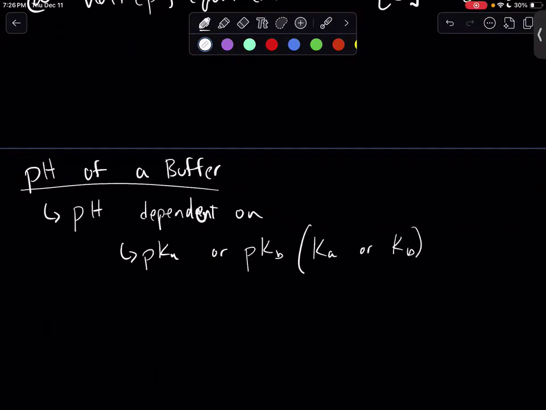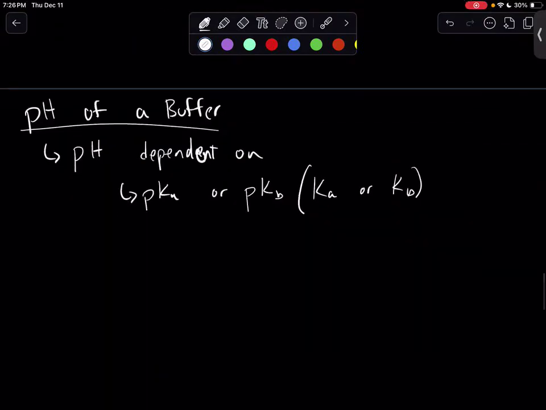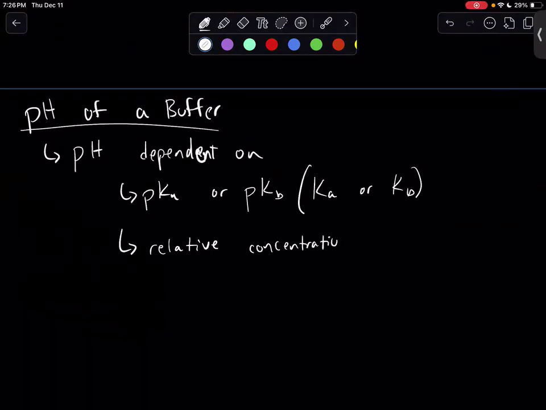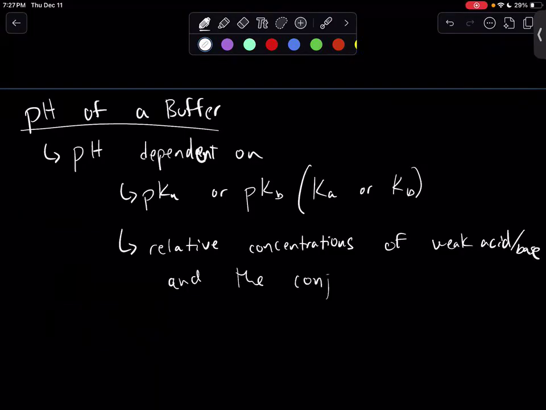We're talking about the same value at that point. And finally, also the relative concentrations of the weak acid or base, depending on what we're doing. So not just the concentration of those, but also the conjugate. So we need both.